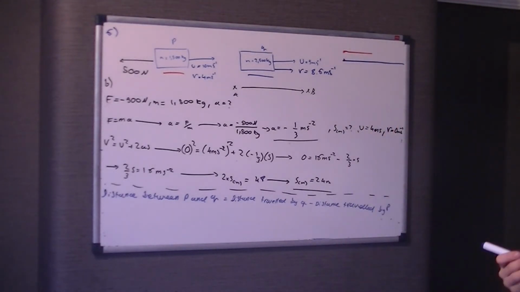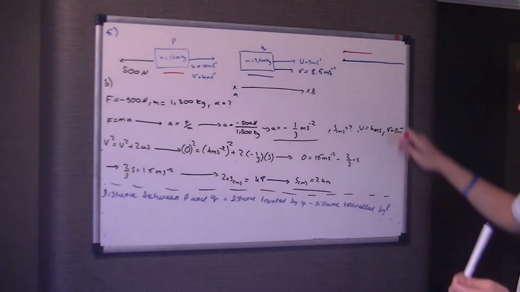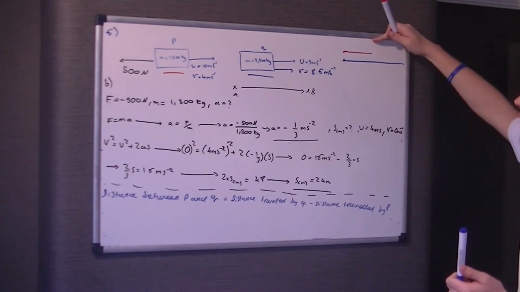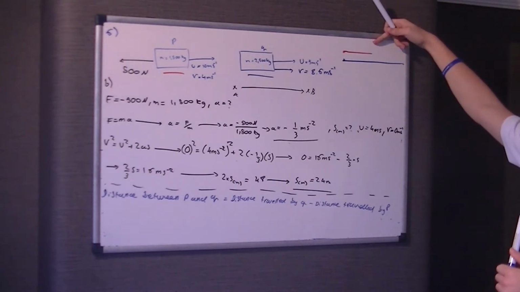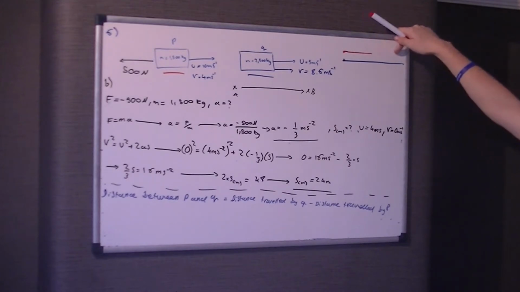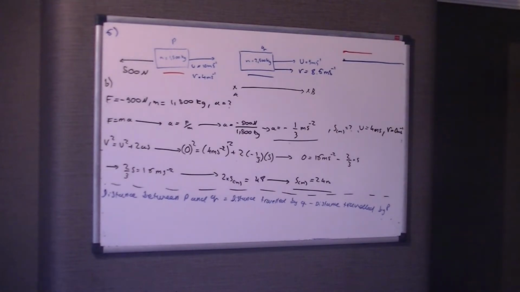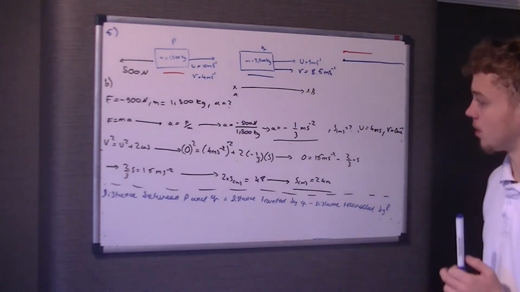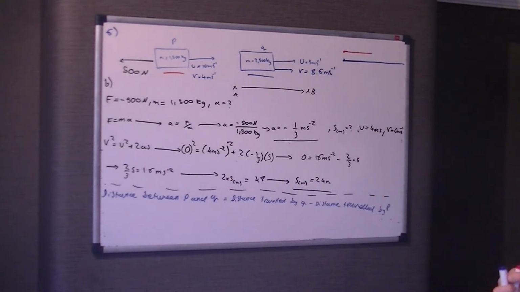What it wants is the distance between where this blue line ends and where this red line stops. It wants this distance here. So that's why we have to think about this, and we can't just work out the distance travelled by Q, which is what some people did in the exam. I tried to highlight a little thing there.